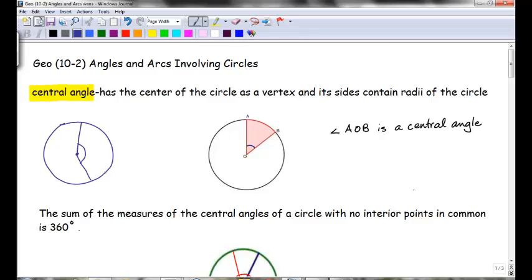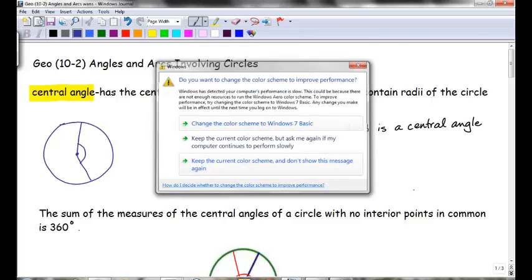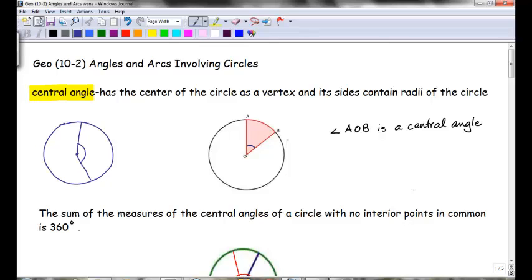So they're saying angle AOB is what they call a central angle. There's a difference between a central angle and an inscribed angle, which we haven't gotten to yet, so you have to pay attention to the word central. A central angle has the center of the circle as a vertex, and its sides contain radii of the circle.